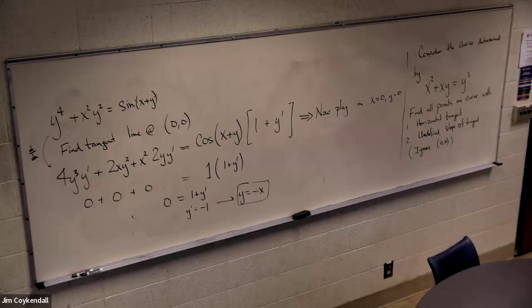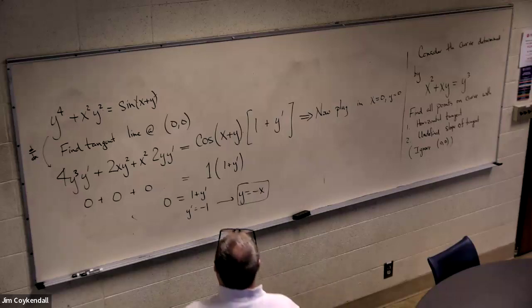All your y prime stuff on one side, and everything without y primes on the other. Pull out the y prime. So almost all of you are at this point right here.